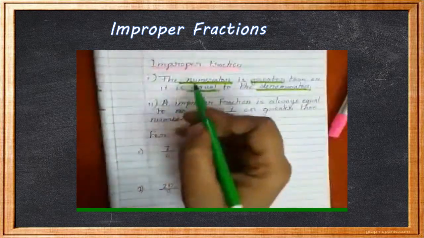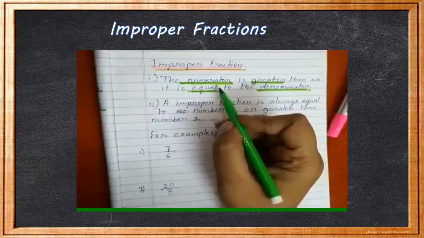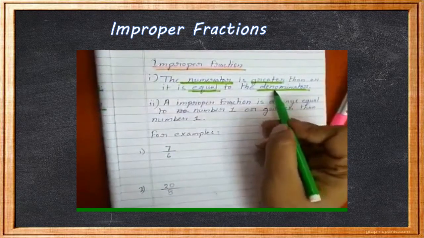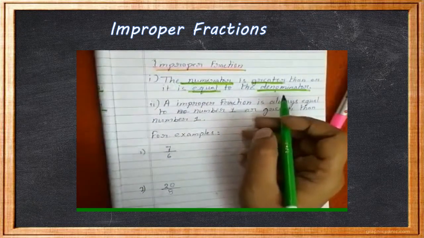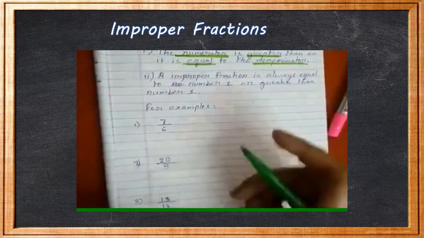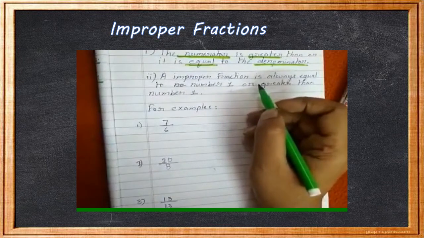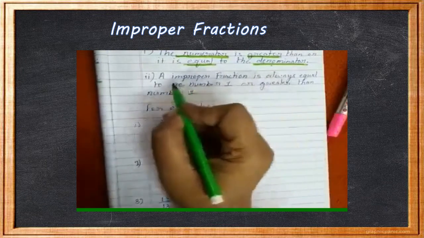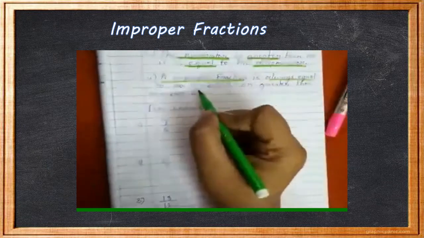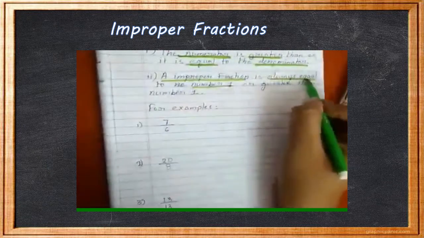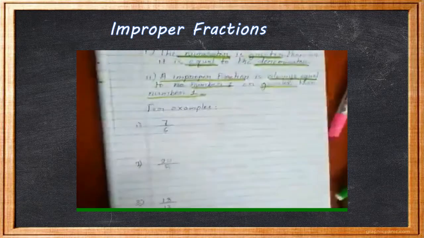In an improper fraction, the numerator is always either greater than the denominator or equal to the denominator. This much is clear? Now, see the second point, children. An improper fraction is always equal to the number 1, or it will always be greater than the number 1.